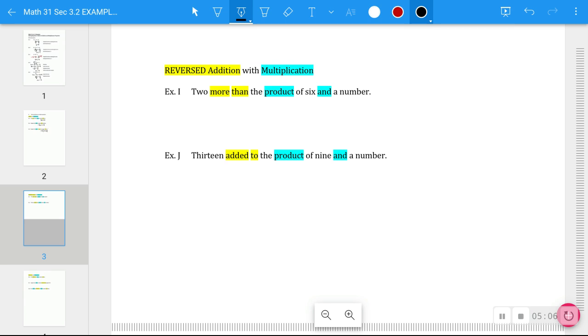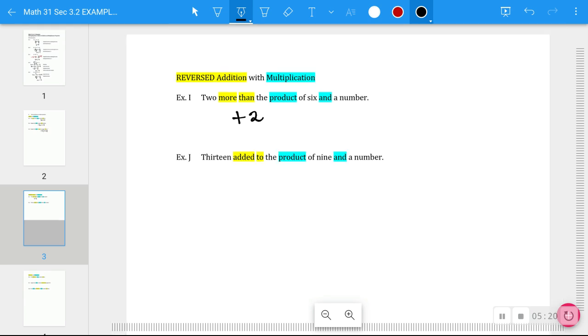Okay, the next two involve addition also, but it's reversed. By that I mean whatever's mentioned in front of the "more than" has to show up behind it when you do it right. So 2 more than the product of 6 and a number. The product of 6 and a number would be that.